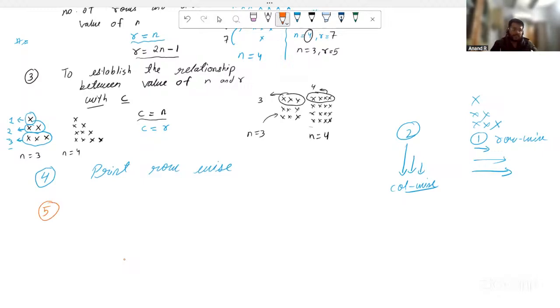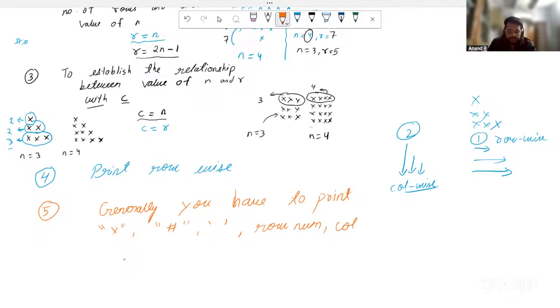Let's look into the fifth point. Whenever you're printing something, generally you have to print either a star or a hash or white space or the row number or the column number.